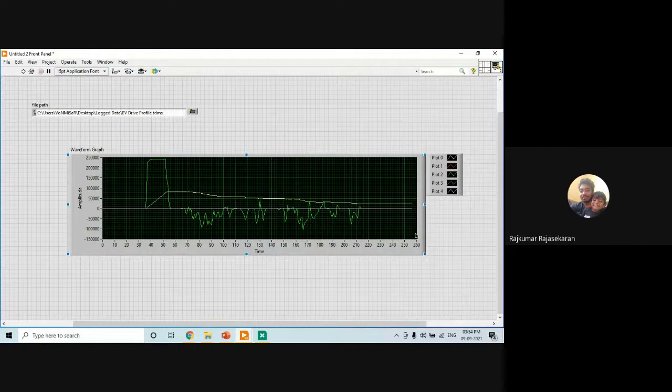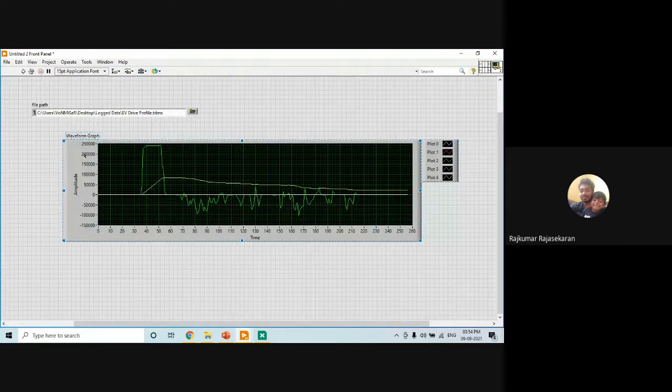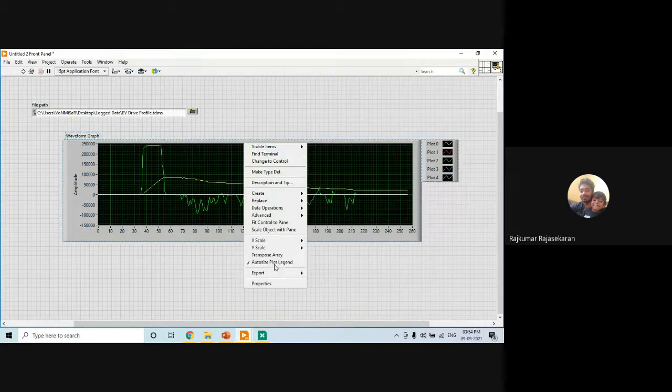So here we see, the first color is voltage. Here voltage looks like a straight line because scales are the same for everything. The maximum scale we have here is 250,000. So that's why we had an option here, and I'm using a different version of LabVIEW, so they have changed something.